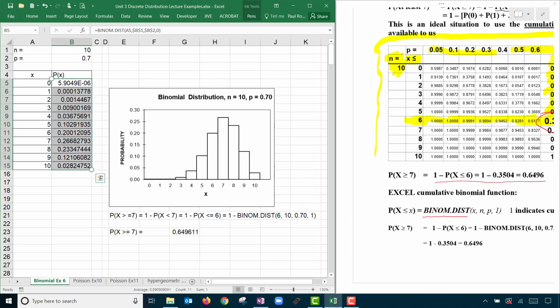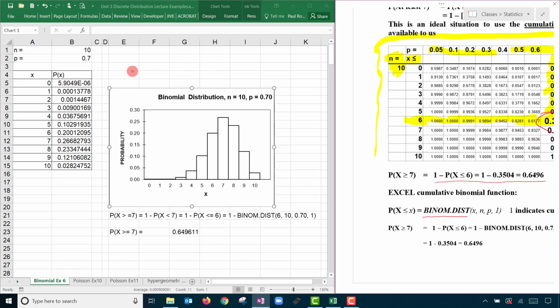I plotted this so we could see the distribution. We can see it's skewed a little bit to the left. We can also see that for this problem, we were trying to get the probability of 7 or more. There, now that I have my cursor working better, I can point.